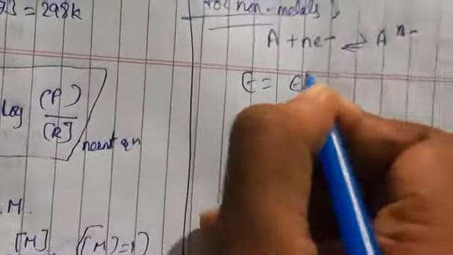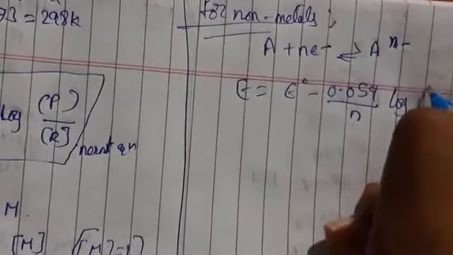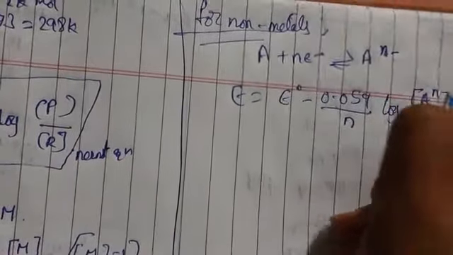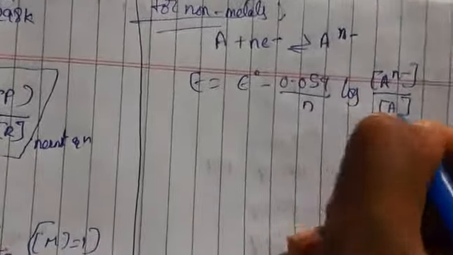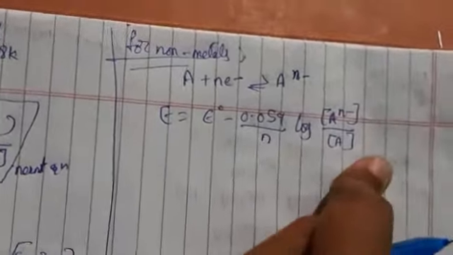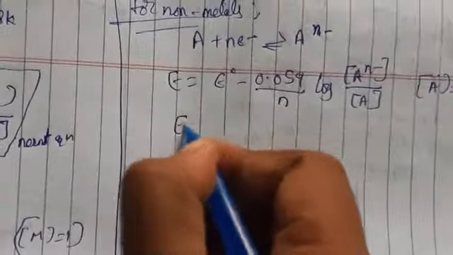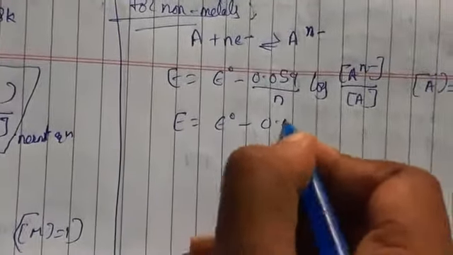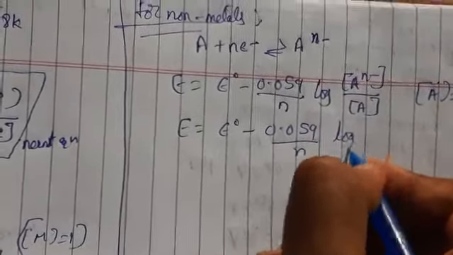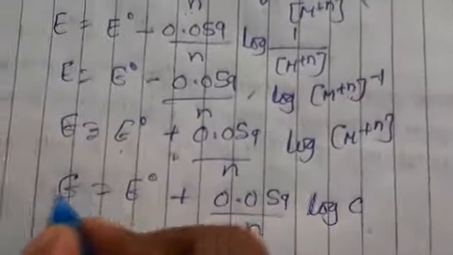Same as before, E = E° - (0.059/n) log of the concentration of A^n- by the concentration of A. If the concentration of A is 1, the equation becomes E = E° - (0.059/n) log of the concentration of A^n-.